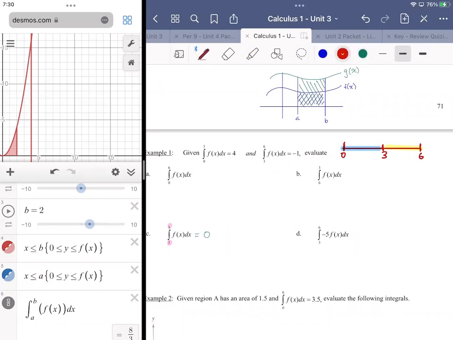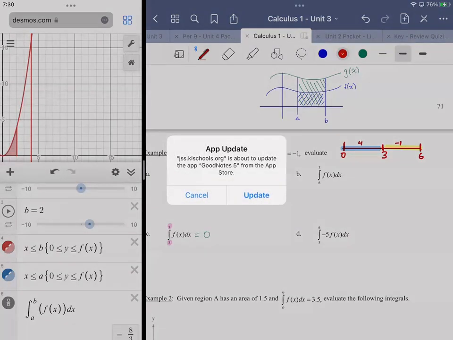Let's say over that first interval, the area is 4, and the other interval, the area is -1. So part of the graph is below the x-axis is really what that's saying.